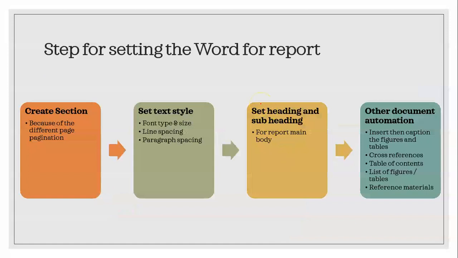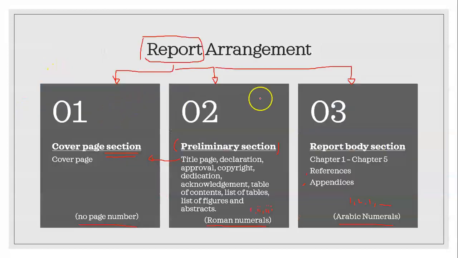Alright, so this is how I want to introduce the setting up of Word for your report. The first step is I will show you how to create the section, because we have 3 sections as I mentioned here.